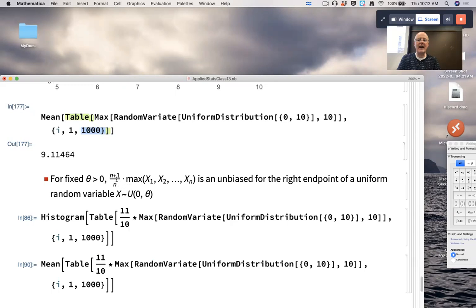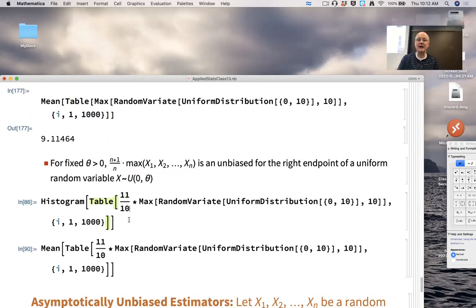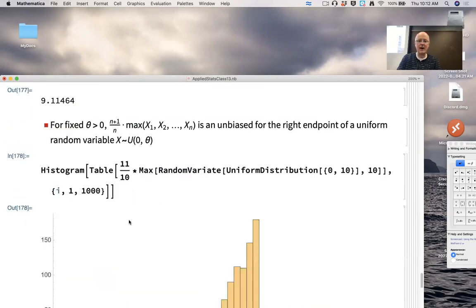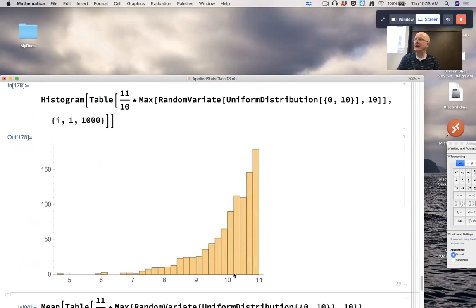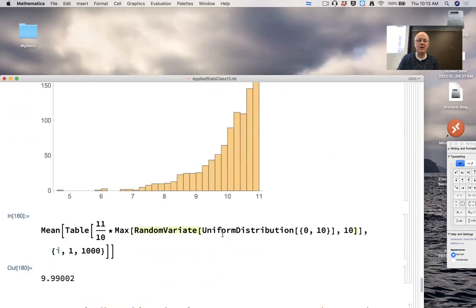If I multiply by 11 over 10 in this example, the histogram still looks left skewed. However, it's shifted to the right a bit, enough to make the mean close to 10. These numbers are all pretty close to 10.